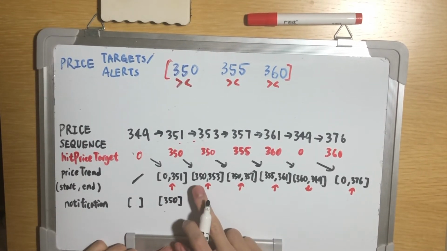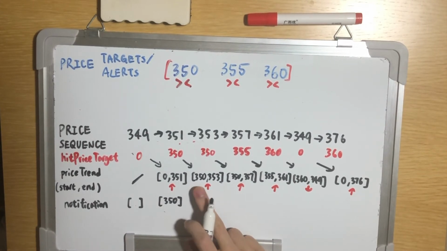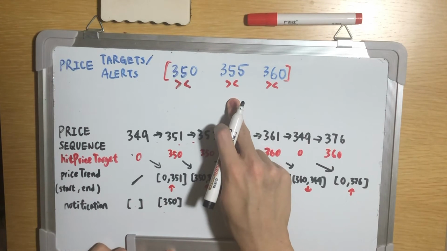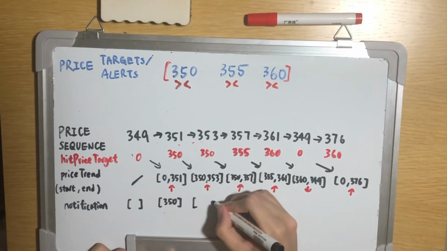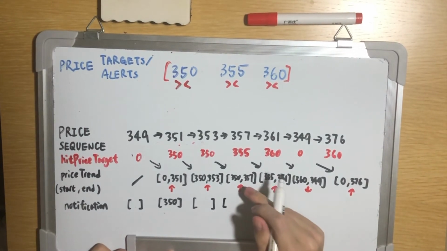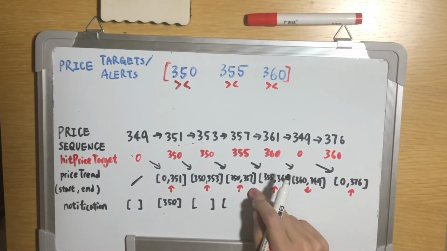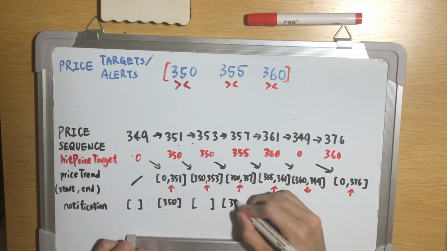and exclusive of 350, we will then find out the price targets. So this will be the same as before, so it is an empty list. And for 350 to 357, exclusive of 350, that will be hitting 355.